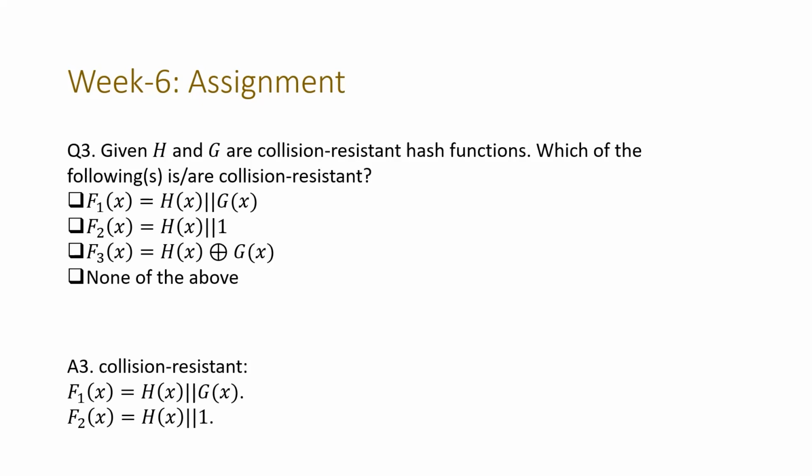For the second option, f2x is equal to h of x concatenated with 1. Here also, if you see, the only difference between hx and f2x is one extra 1 at the end of the hashed string, right?